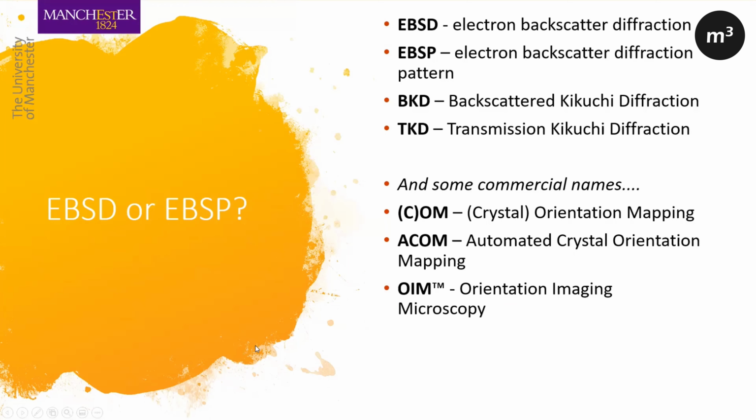So electron backscatter diffraction is EBSD, but some other terms are also used which sometimes make it a bit difficult to interpret, so I wanted to put these in there. The EBSP refers mainly to the patterns instead of the technique. In the early days, the technique was referred to as BKD, backscatter Kikuchi diffraction, but that term is less used these days.